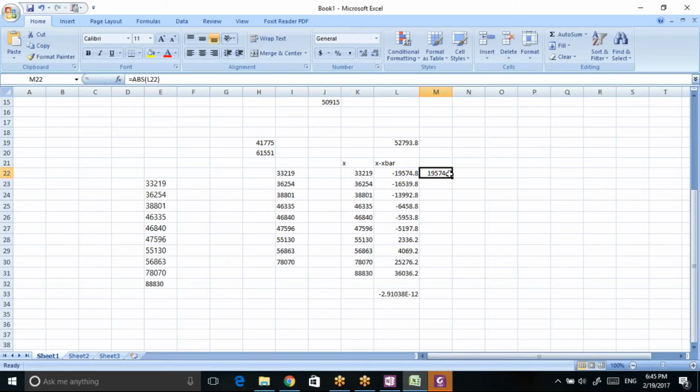And now just simply drag it. ABS stands for absolute value, that is, ignore the negative signs. So now if you see, you will get all the positive values, but the values would be the same, only the sign would have been removed. Right? Okay, great.